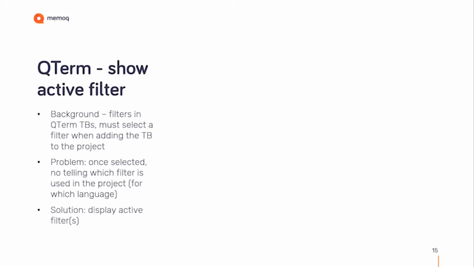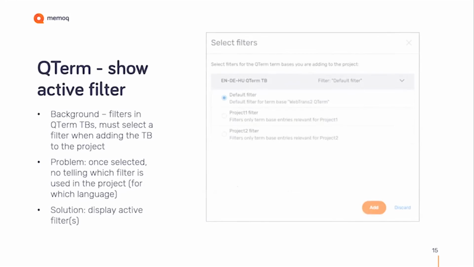Before we can talk about this new feature called Show Active Filter, let's give you some background info. So in Qterm, you can define a number of filters for various reasons. You always have a default filter for every single Qterm term base, but you can define, say, one filter that would filter for project 1, another filter that will filter for project 2.